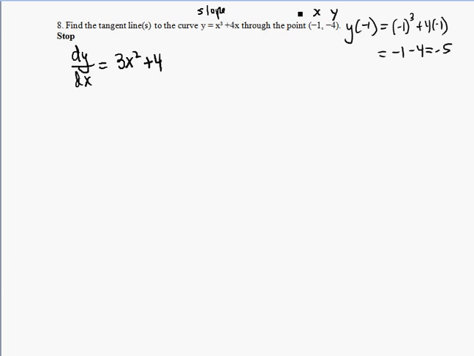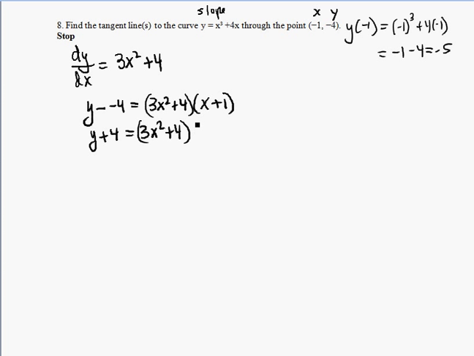So we have a slope, an x value, and a y value, so we can use point-slope. So y minus -4 equals our slope, which is the derivative function, times x plus 1. So this is y plus 4 equals 3x squared plus 4 times x plus 1.